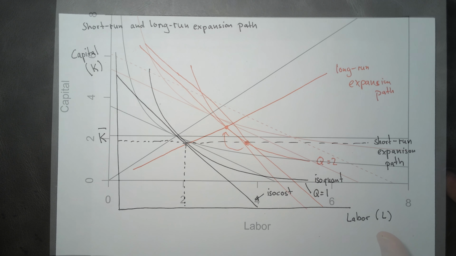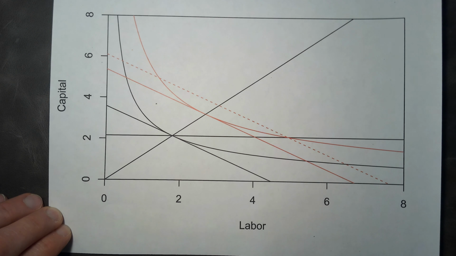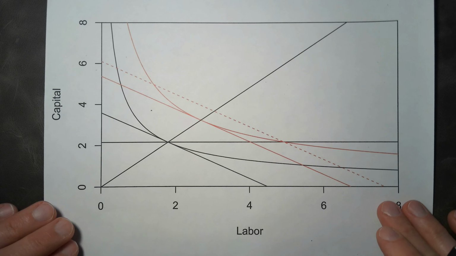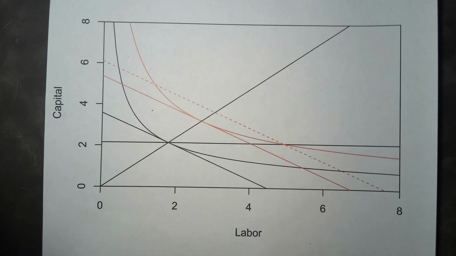Okay. Now here I have the same graph as before. However, this is drawn with real values and with a computer, so it makes it a little bit more accurate.